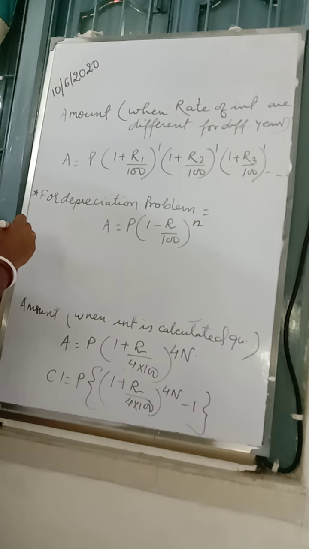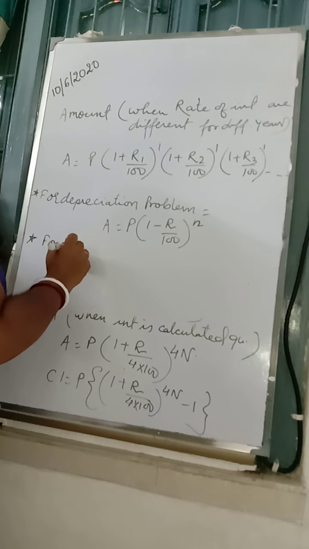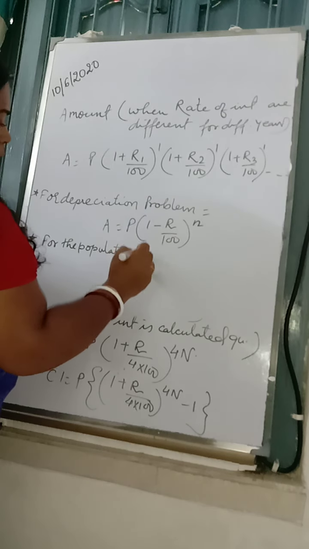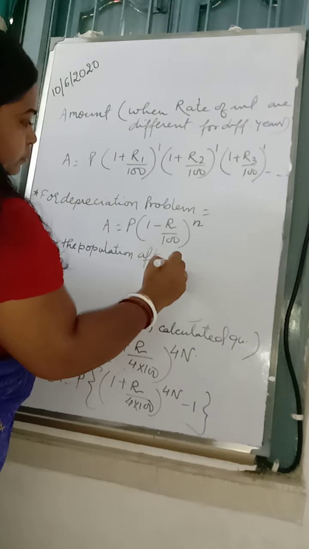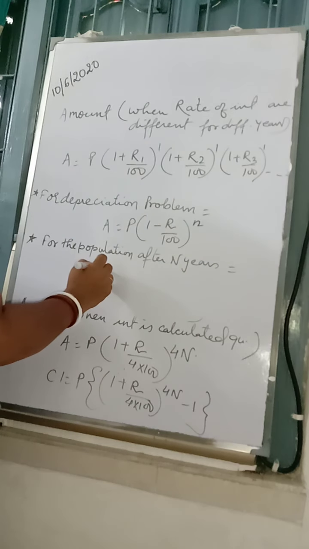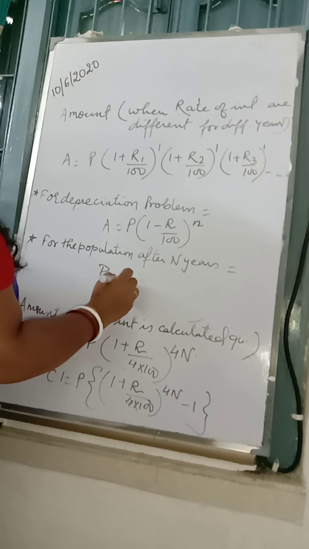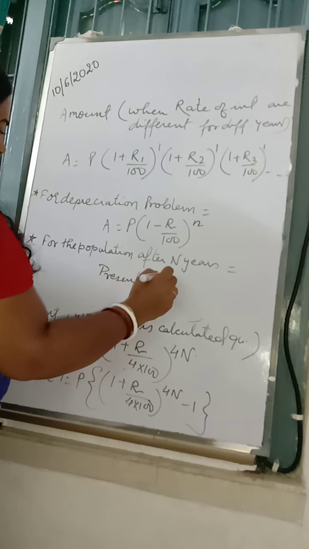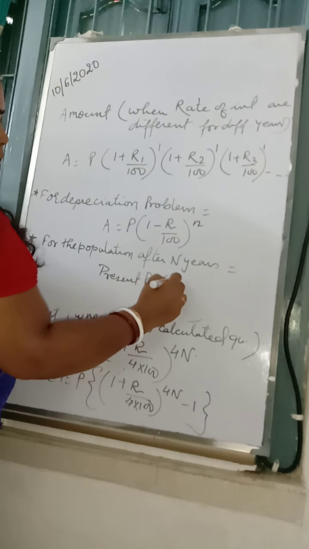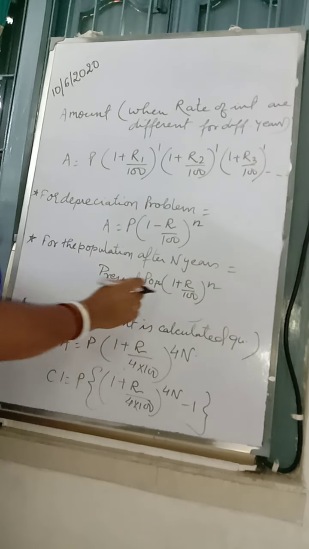And for the population after a year, the population after a year is equal to present population into 1 plus R by 100 to the power n, means the same formula.